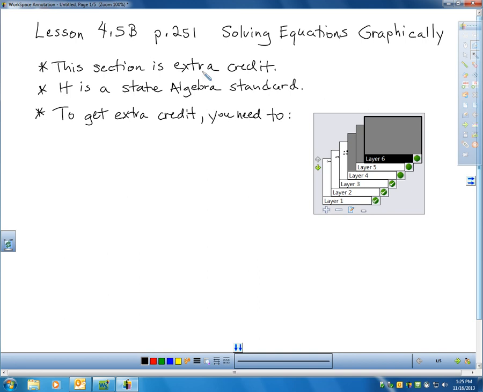I guess maybe they made it a standard just to give you background knowledge of how finding an x-intercept would relate to finding a solution to an equation, but to be honest with you, I can't remember one time in all my mathematical schooling, that includes college, getting my mathematical major, ever solving an equation using this method. So I think it's probably more just to help you relate how an x-intercept would also be the solution to an equation.